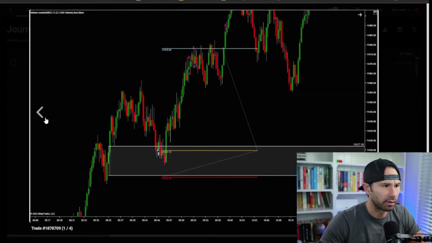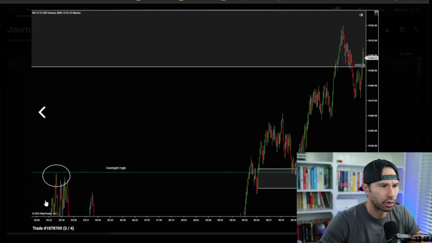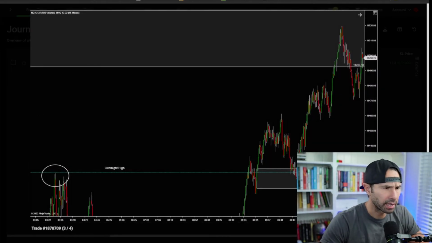Then this is the actual trade, but I want to show you about the location. The location was not the best. We were already up around 0.7%. So if you follow my trading, I like to trade at the extreme. So this was a risky trade, a riskier trade.